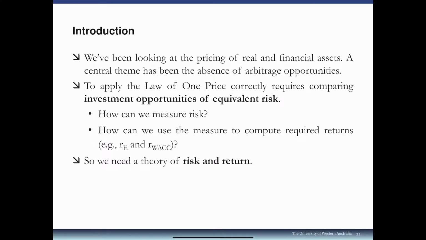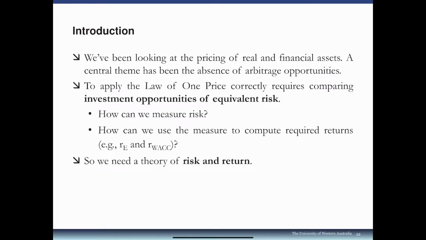So in this case, when I compare different projects, I have to incorporate a factor called risk. The natural question here is: how can we measure risk, and how can we use the measure to compute the required rate of return? You may notice that in week 7, we used a required rate of return for equity.